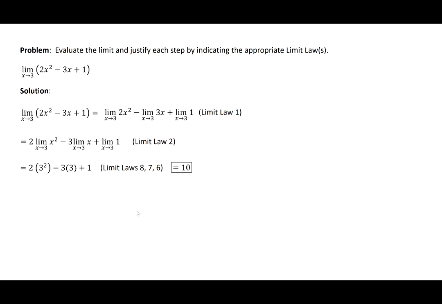Now, ladies and gentlemen, take a look at how I solved the problem. Notice I stated the problem statement and then the solution, and in the next line I started with this and put equal signs.